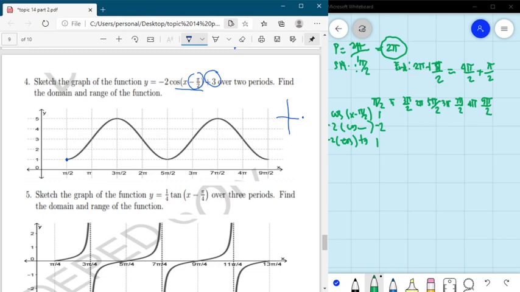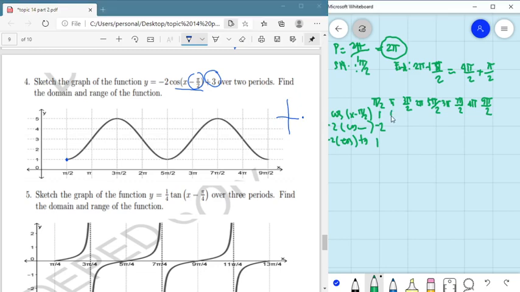Okay? Next is pi. So, pi minus pi over 2 is pi over 2. Cosine of pi over 2 is 0.